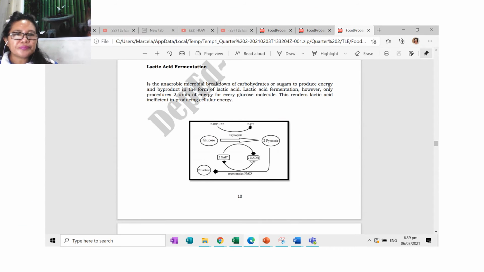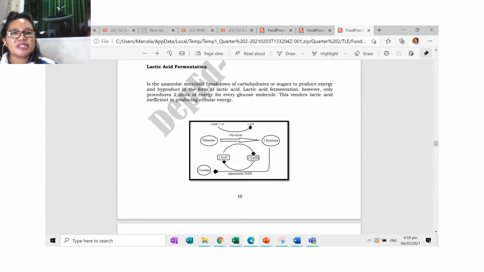So, lactic acid fermentation. This is the anaerobic microbial breakdown of carbohydrates or sugar to produce energy, with a byproduct in the form of lactic acid.